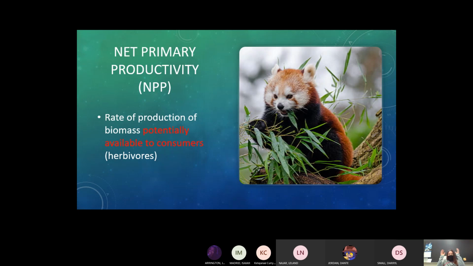So you have the gross, which is the total amount, and then the net is what you actually take home. So gross is still the total amount, net is the amount that's available to eat.